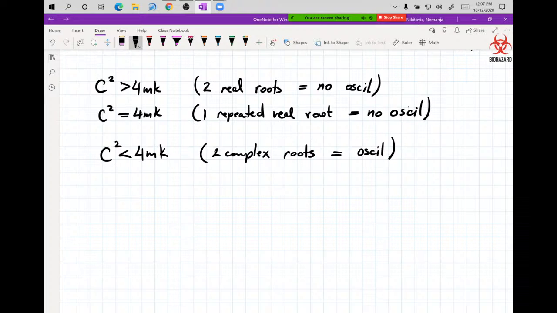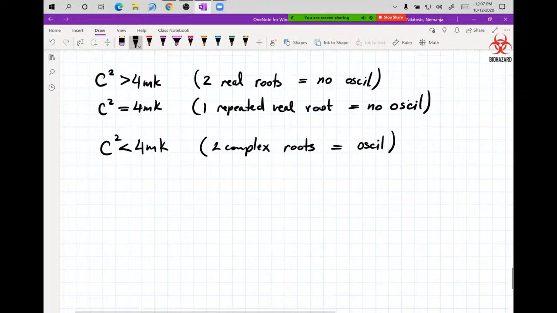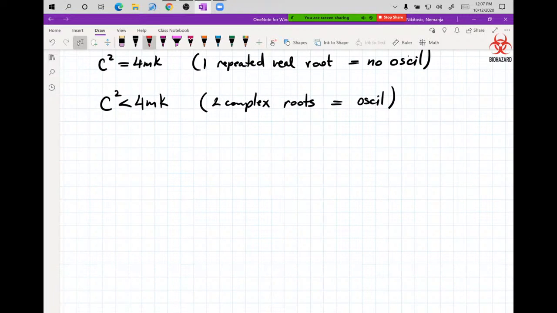This is the case that I'm going to box because this is what mechanical engineers care about. I mean, they care about the other 2 as well, but this is the one that gives you oscillation as a motion.